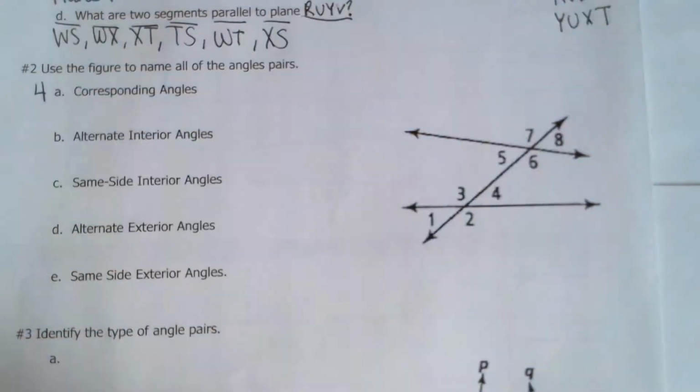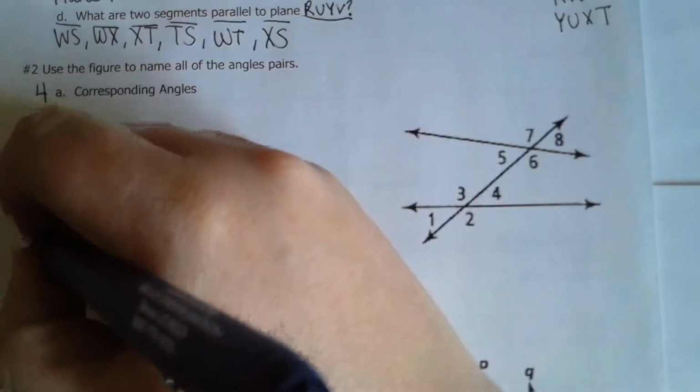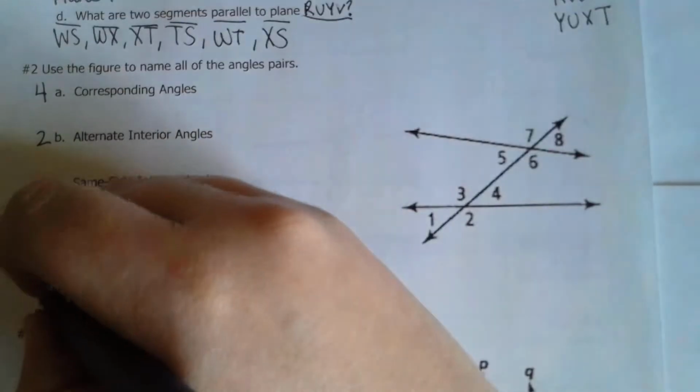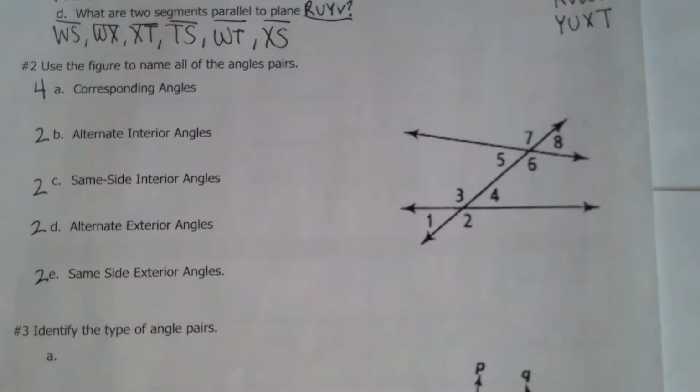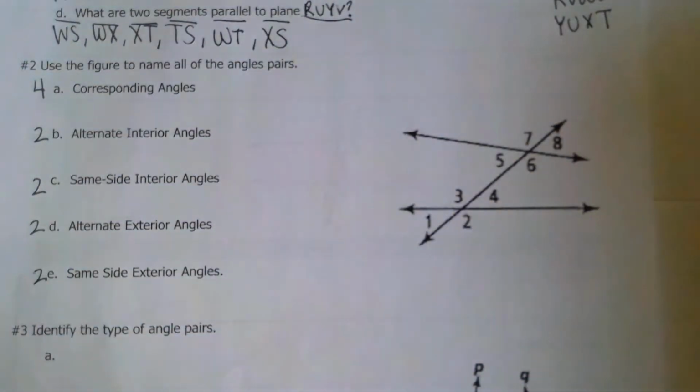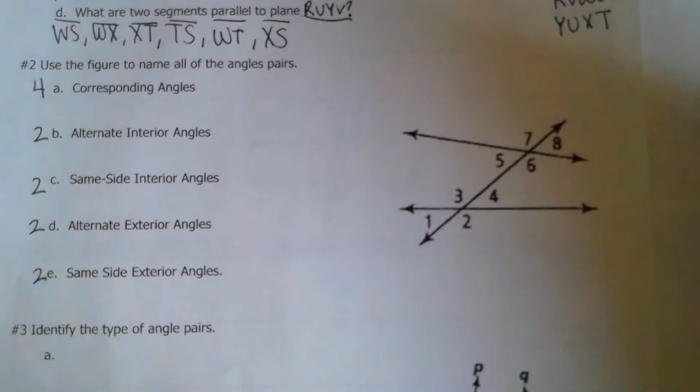Now, on this picture, there are 4 corresponding angles, 2 alternate interior, 2 same side interior, 2 alternate exterior, and 2 same side exterior. I want to encourage you now to pause the video and to test yourself, see if you can write down all these pairs before I give the answers. So if you want to test yourself, pause it now.